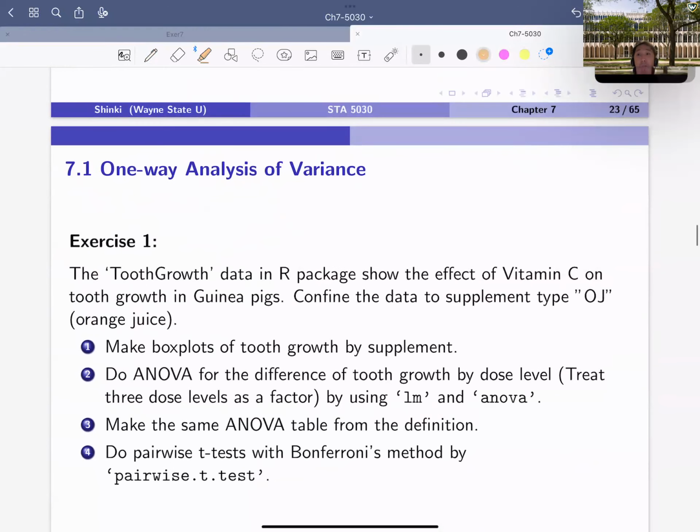So that is 7.1. Do you have any questions? Do we have to always multiply the p-value by the number of groups?